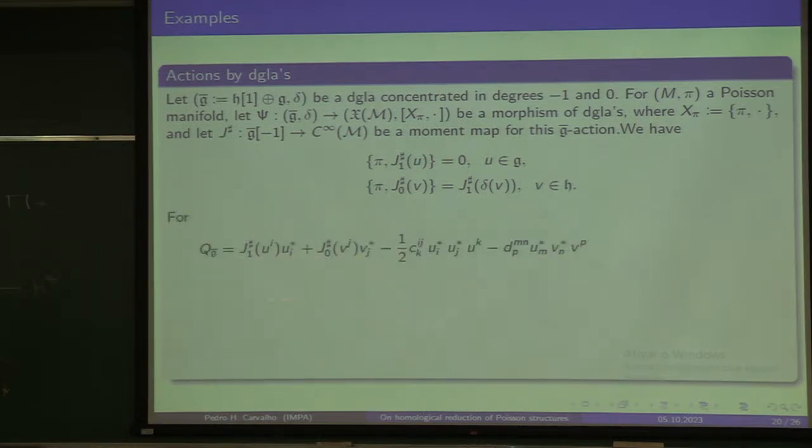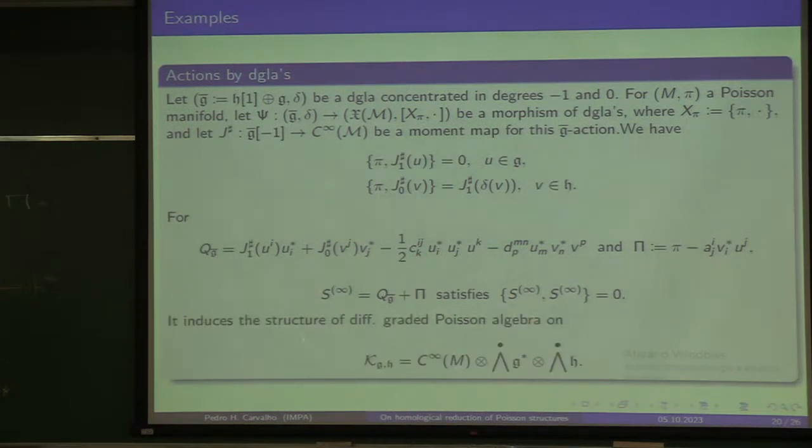And so if you consider this guy and this guy, where this guy here, Aij, is just the structure constants, and this induces the structure of a graded algebra here.